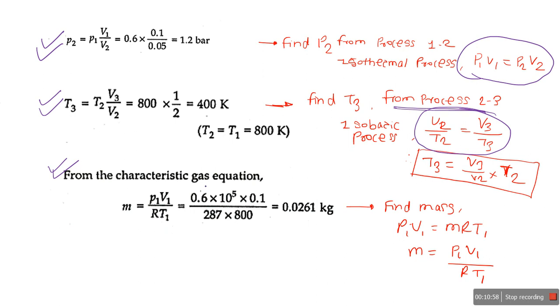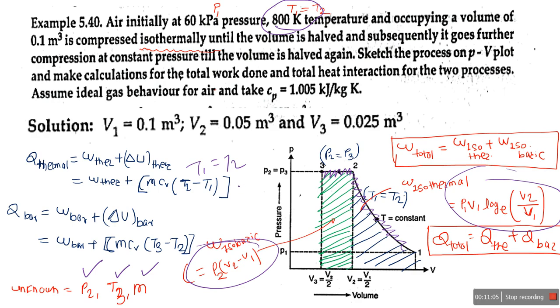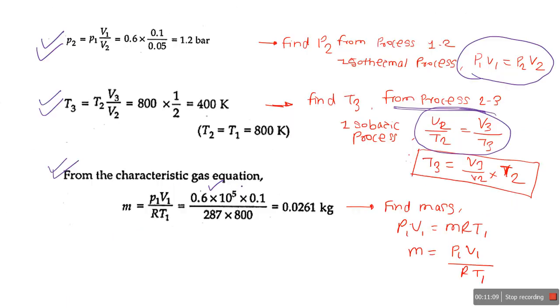P1 V1 is the initial pressure, given in kilopascal, and I have to convert it. They have given 60 kilopascal, so 60 into 10 raised to 3 Newton per meter square. V1 is there, R is with us, and temperature T1.